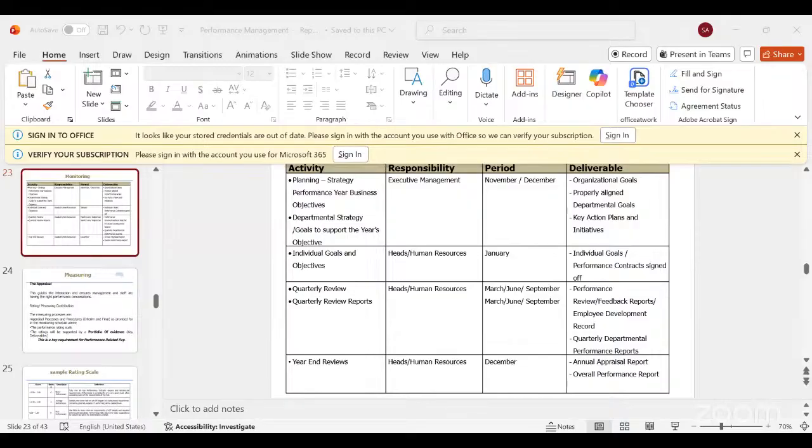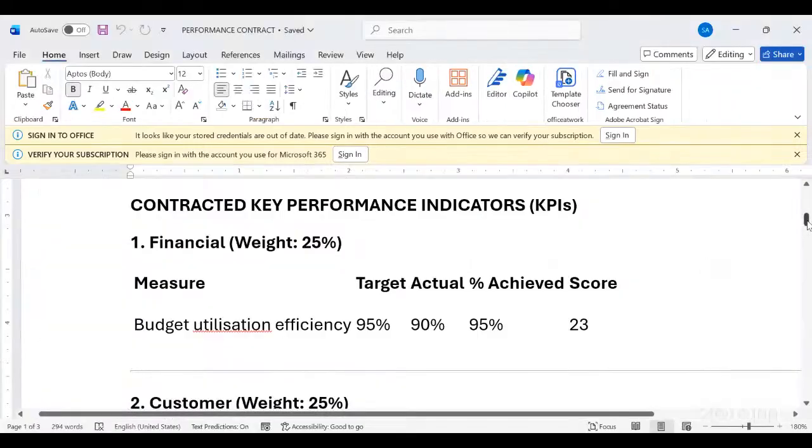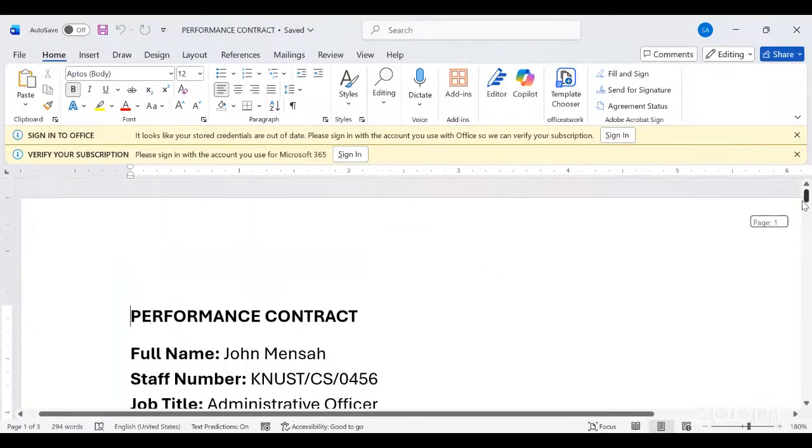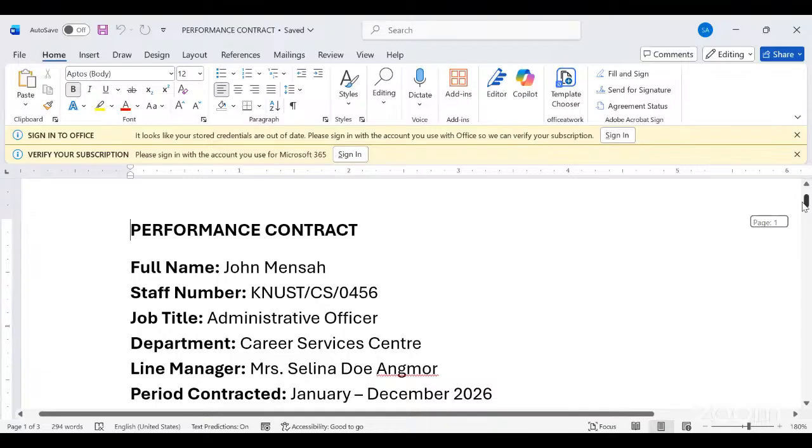I'm not sure it's about zooming. The slide she is showing is not the Word version of the scorecard she's trying to present. Can we see it now? Yes, we are seeing it now. That is fine.